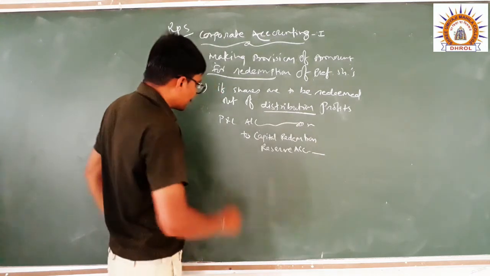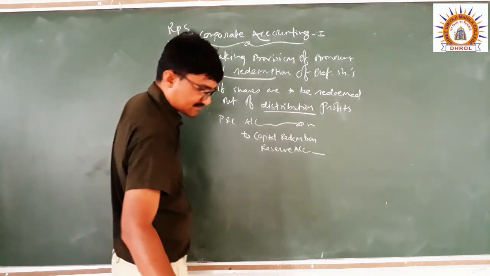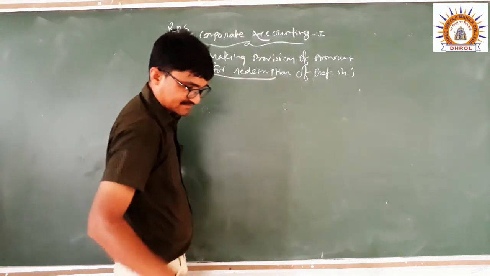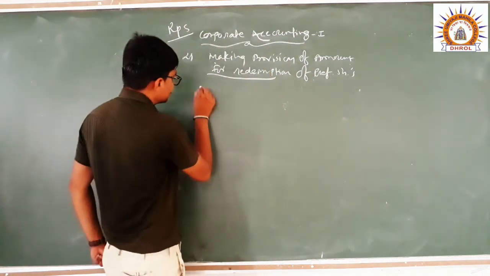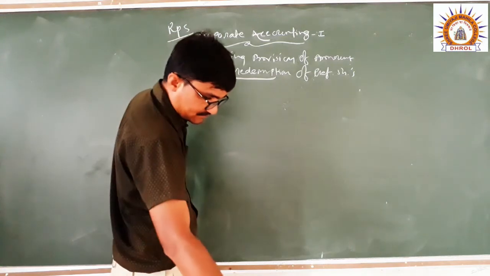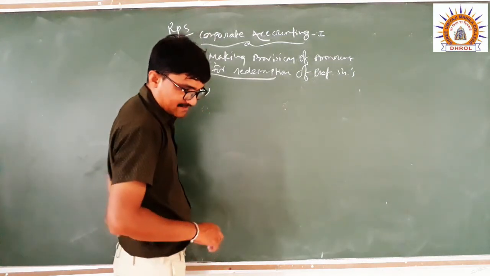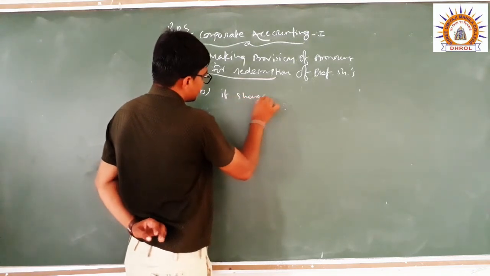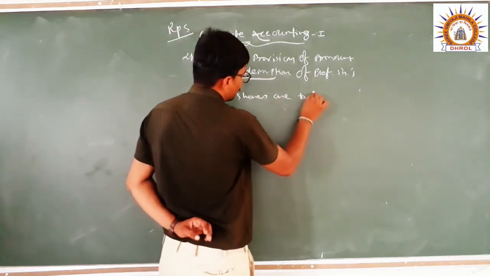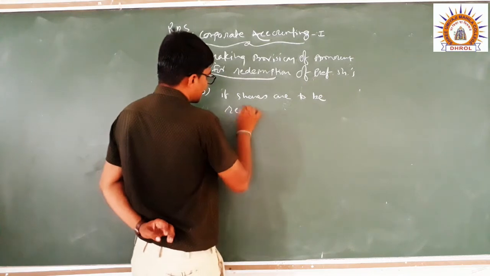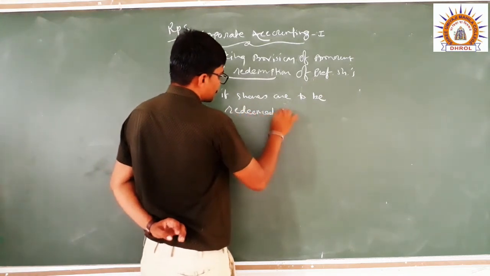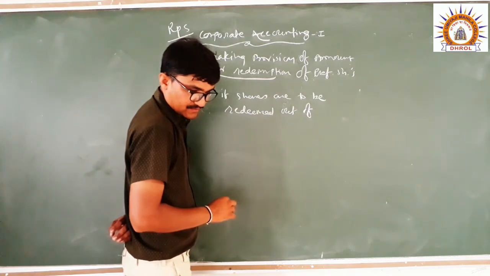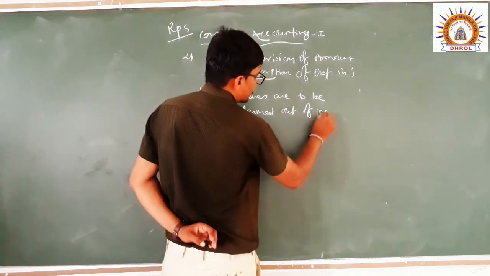The second B, 2B: if the shares are to be redeemed out of issuing new shares.